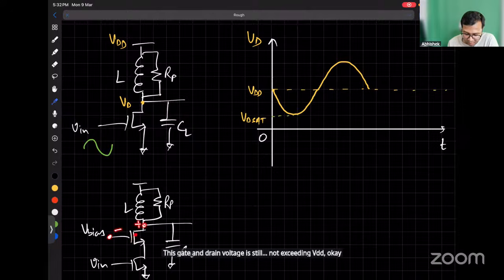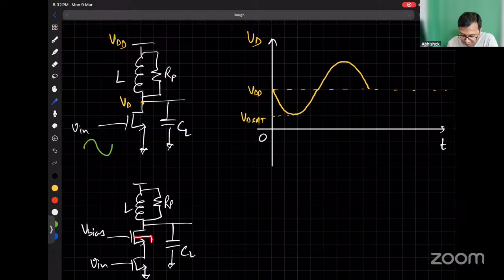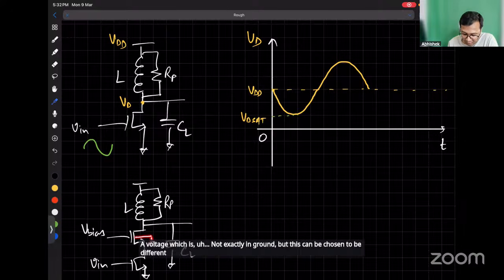And even the substrate of this cascode element can be connected to a voltage which is not exactly ground, but can be chosen to be different from the ground.